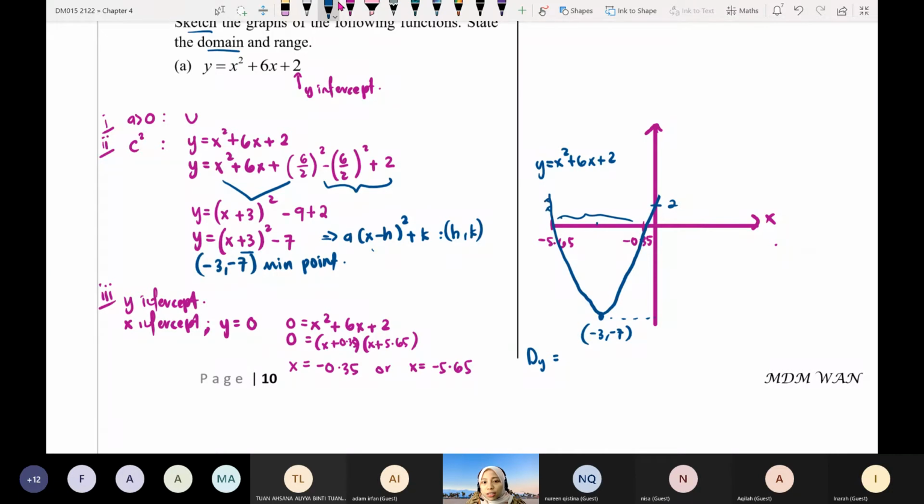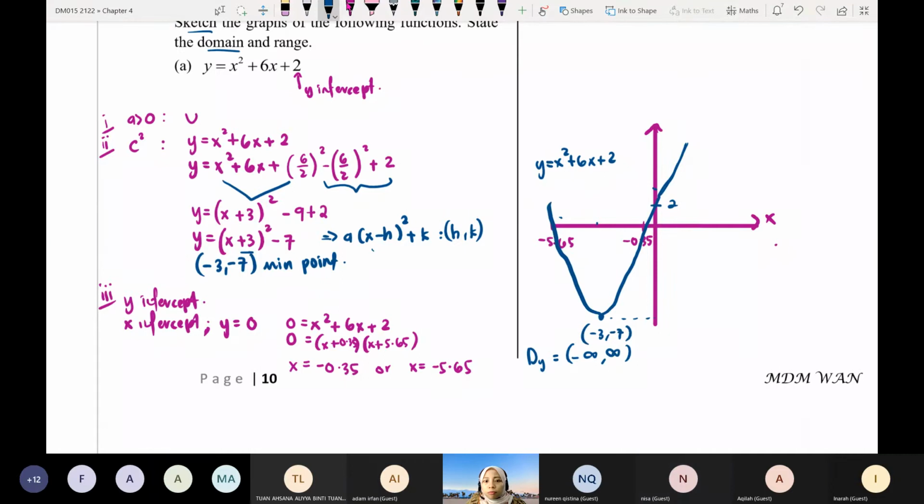Sebab dekat sini pun ada graf juga, dekat sini ada graf juga, dan ini pun ada graf juga. Dia tak kata pun berhenti sampai 2. Dia tak bagi restriction pun. So ini adalah from negative infinity up to infinity dia punya domain. Faham tak student? Faham.